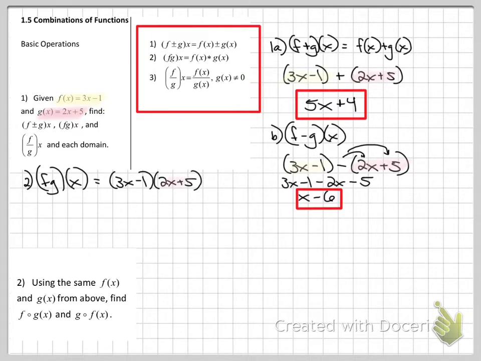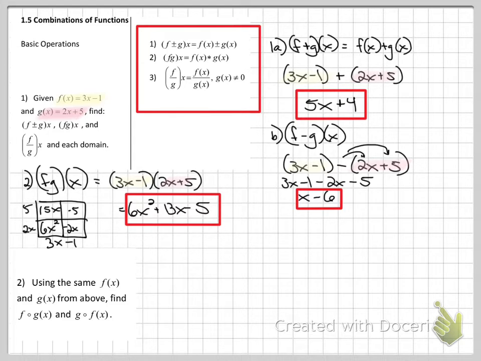Multiplication, most of you do an area diagram. So 3x minus 1 on one side of the box, 2x plus 5 on the other. Multiply it out. I get 6x squared plus 13x minus 5 for my answer.